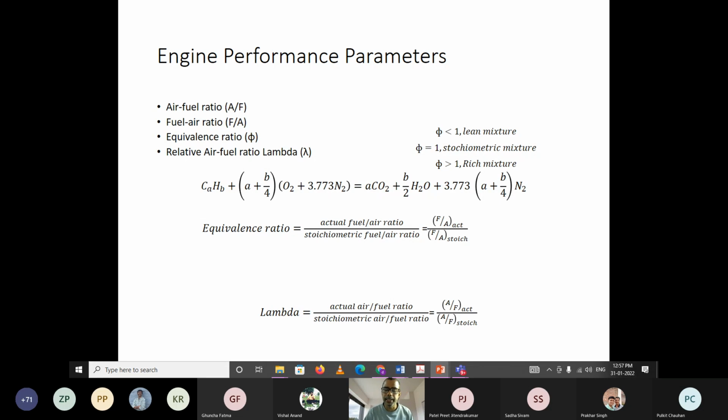The government of India has a big plan for ethanol, and the government of India is also thinking about the utilization of hydrogen. So you can take any sort of fuel and find out what the stoichiometric air fuel ratio is for hydrogen, for methanol, ethanol. So please do the practice at your room.